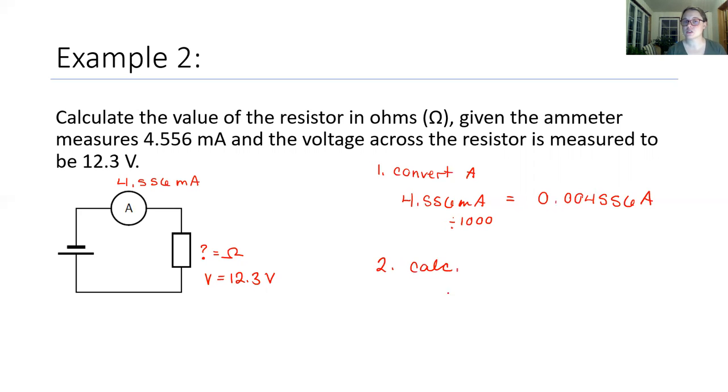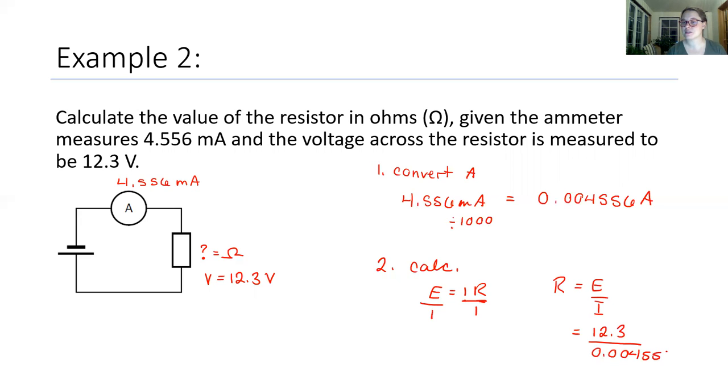All right, so resistance, let's use Ohm's law, E equals IR. We want resistance alone, so we're going to divide both sides by I. So R is equal to E over I, which is equal to 12.3 divided by 0.004556.